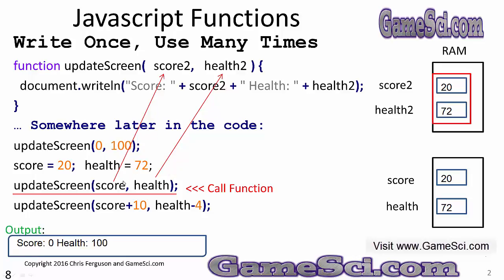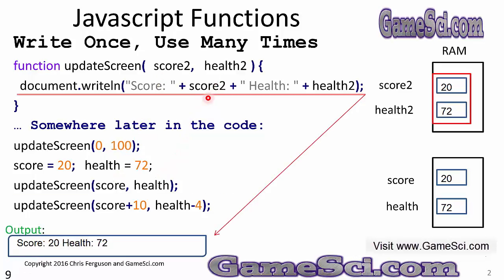So I'm going to pass the value in score, which is 20, to the parameter score2. And you can see the value in score got passed to score2. And I'm going to pass the value in health, 72, as an argument, and health2 has a 72. That's the only difference here. I'm passing the values of these variables rather than hard-coded values.